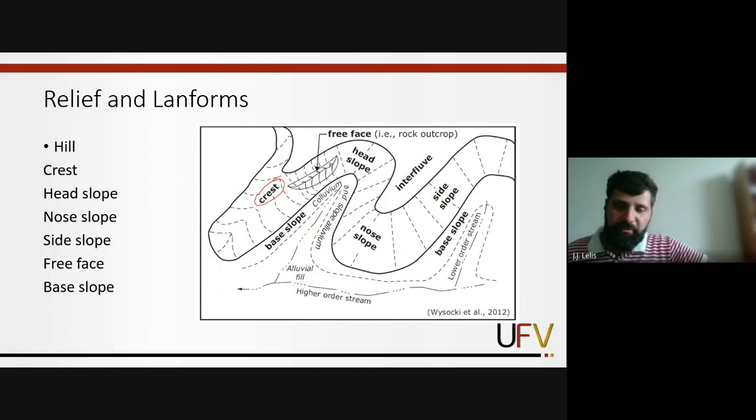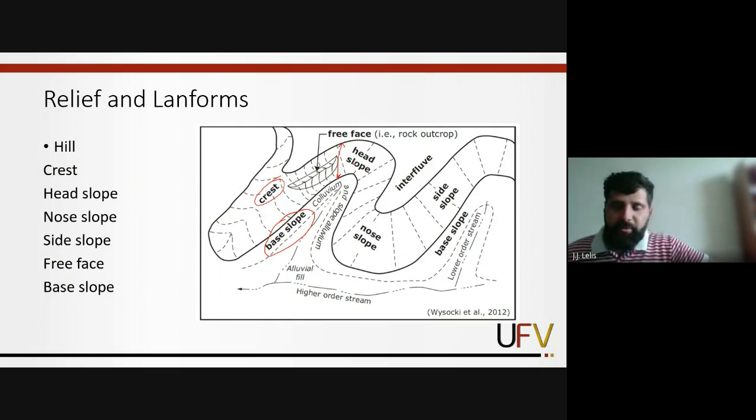Here we can find some rocks in the surface, so they are free faces, okay? Here in the base of the area, where colluvium and alluvium are sedimented, we call this a base slope, and all this area between these two areas, the crest and the base slope, is called slope.